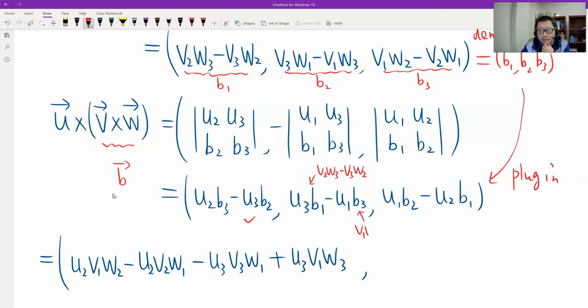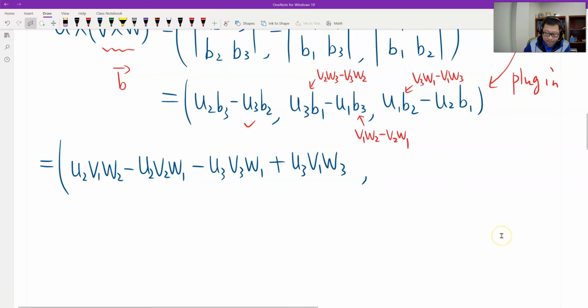B3 is V1 W2 minus V2 W1. And later we need B2, so that means we put it here: V3 W1 minus V1 W3. Okay, so now I can calculate. The second is U3 times V2 W3 minus U3 V3 W2, sorry.